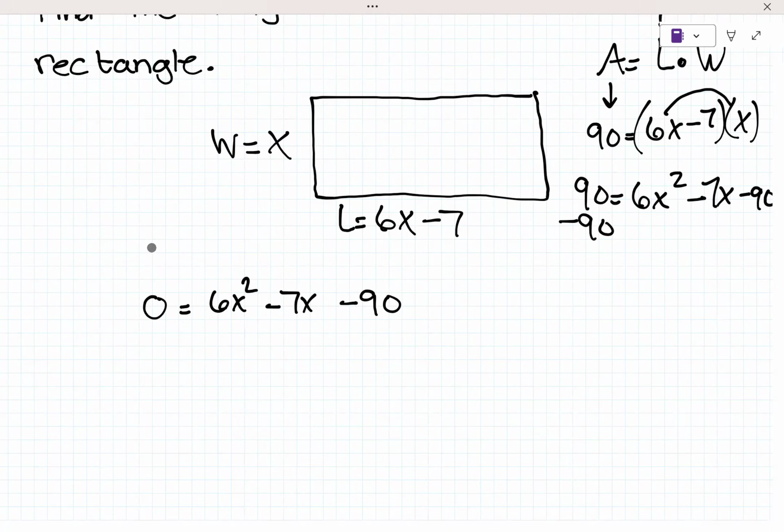No. I'm just going to have to do bottoms up, right? So it's going to be 0 equals x squared minus 7x, and then you multiply 6 by -90, which leaves -540.